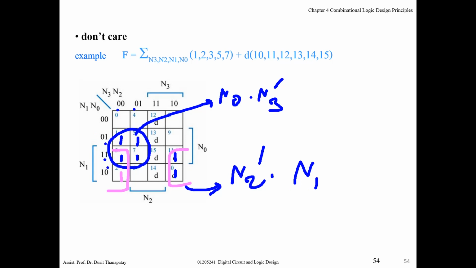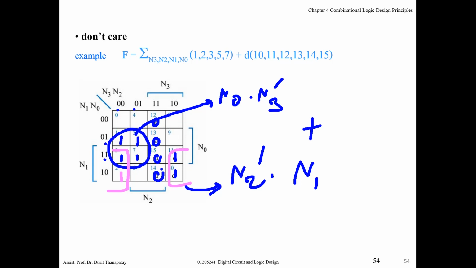That's all. Then your function is the sum of these two terms. And note, this don't care, you don't select it. That means if you apply the input for these cells, the function gives logic 0 output. That's all.